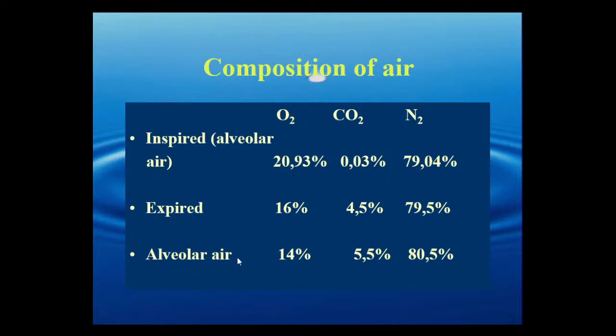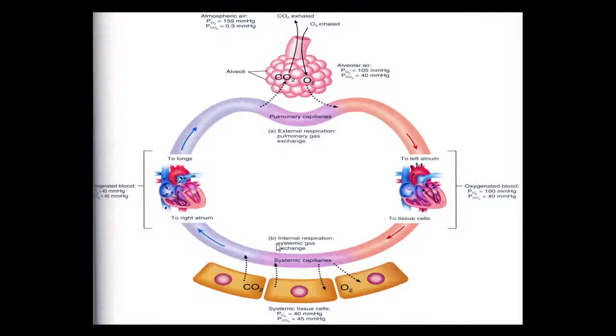Expired and alveolar air have some differences in quantity of gases, because expired air is a mixture between air of anatomical dead space, where gas exchange does not occur, and alveolar air, the composition of air which would be exchanged in alveoli.